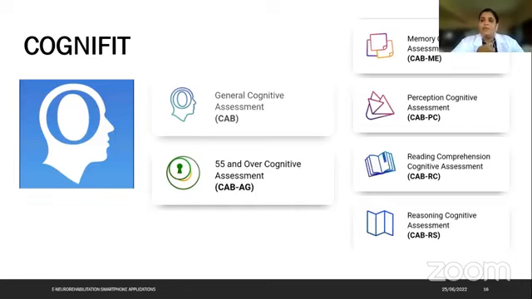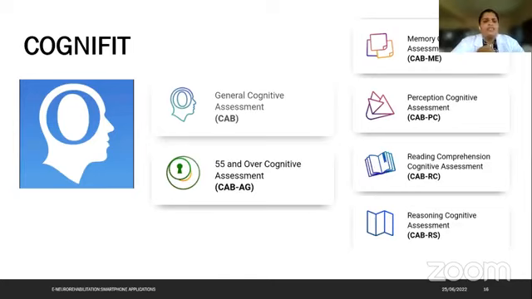Now, the assessment part has a battery of various neuropsychological tests. Now in the general cognitive assessment, you have a battery. It can be taken by those aged 7 plus, and there are various functions of cognition like attention, memory, reasoning, planning.